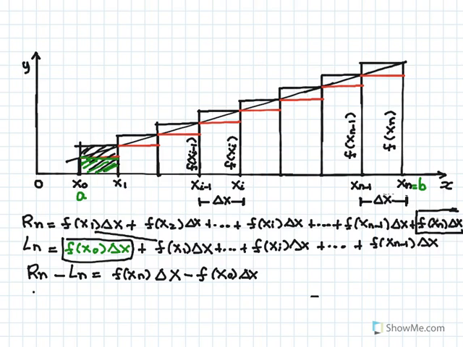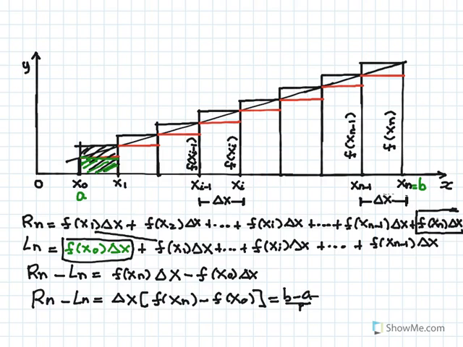So now let's factor out delta x. This is a common factor, delta x times f of xn minus f of x0. Now we know that delta x, that's the width, is b minus a over n, and f of xn is just f of b, because xn is equal to b, and x0 is a, so that's f of a.